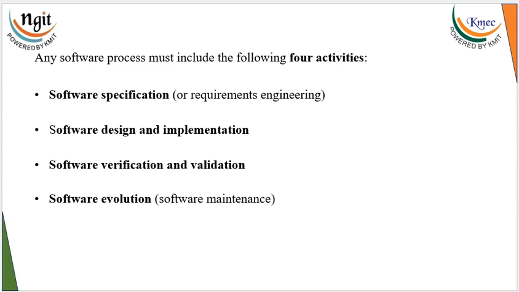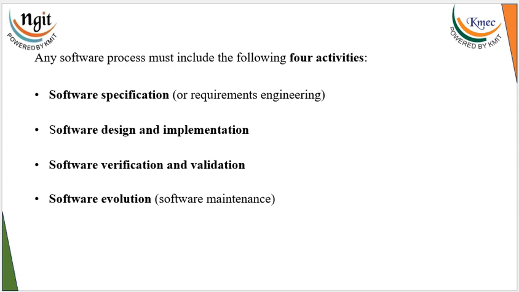Along with these activities, there are also sub-activities such as requirements validation, architectural design, testing, etc. Requirements validation is the process of validating whether the specified requirements are actually needed in your software.